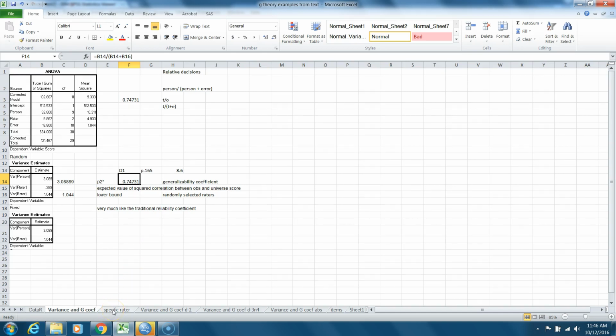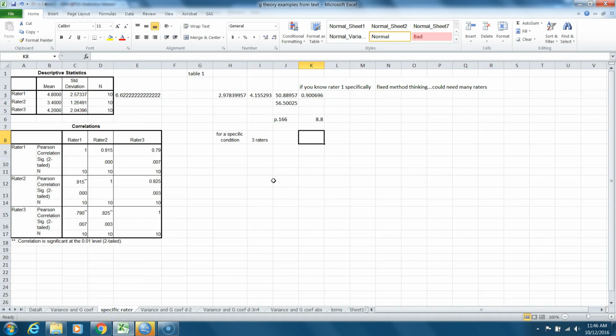Let's go on. Another example they give, I'll go over this one very briefly. In the textbook they talk about what happens if you just want to know something about the reliability of one individual rater, a very specific person. These are on page 166, equation 8.8.